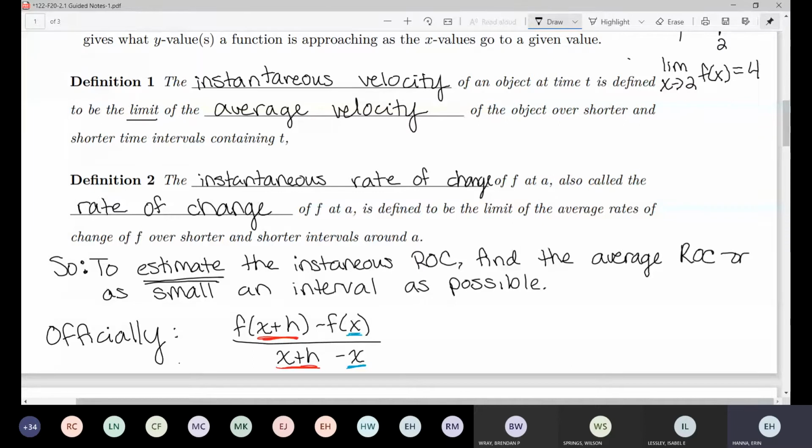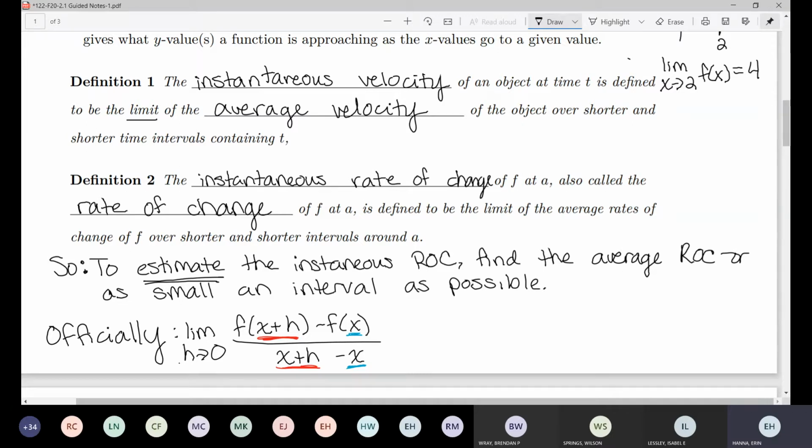Officially, the official definition of an instantaneous rate of change would be saying we're taking the limit as h approaches 0. So the limit as h approaches 0, because that would be saying that if h is as close to 0 as possible, then x and x plus h are going to be obnoxiously close to each other because we're adding on something that's really, really close to 0.